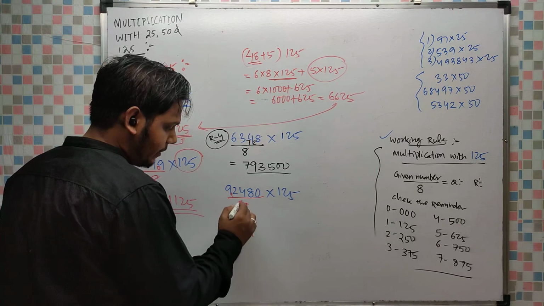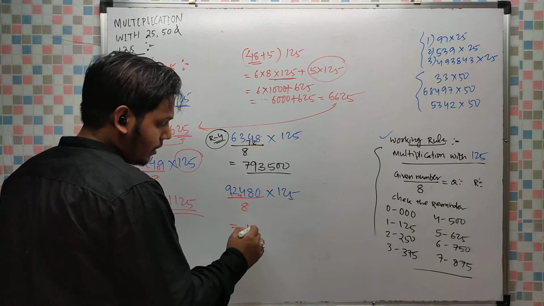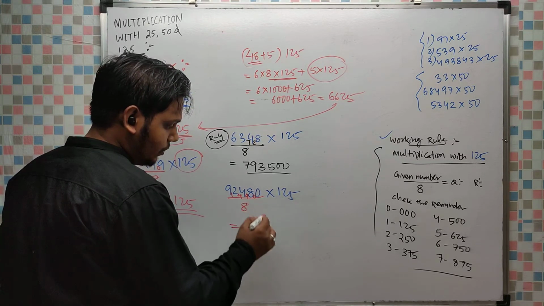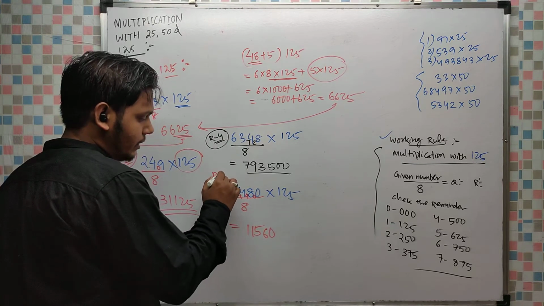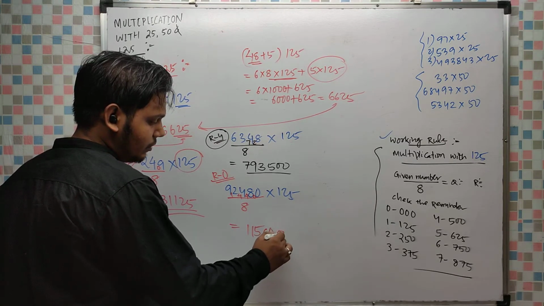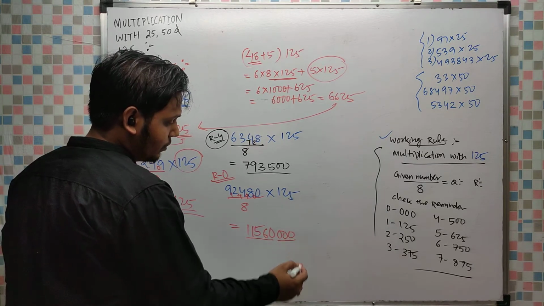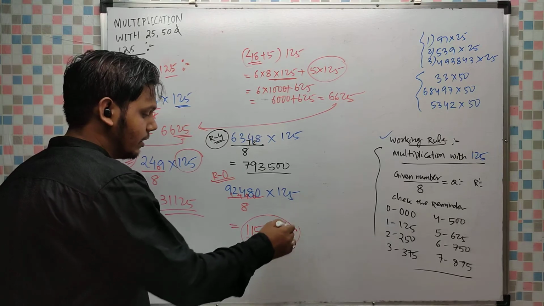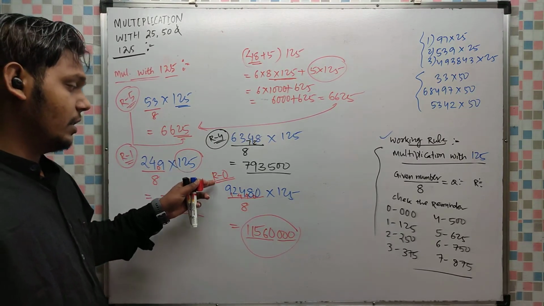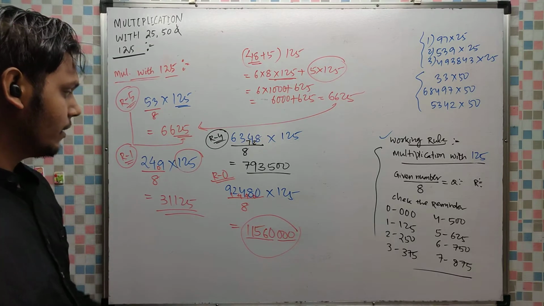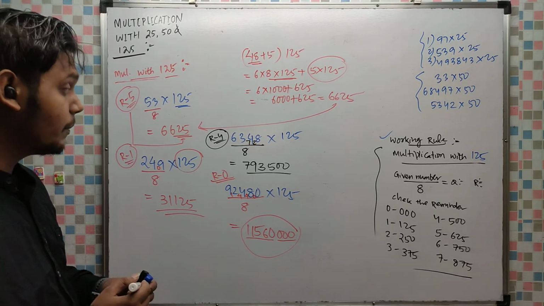Now 8 ... 44. Now 8 5 40, 8 6 48 and 0, then 800. So the remainder is 0. Remainder 0 means 000. So the answer is 11,56,000. This is your answer. If the remainder is 0, then you have to put 000 after that. So this is all about multiplication with 125.